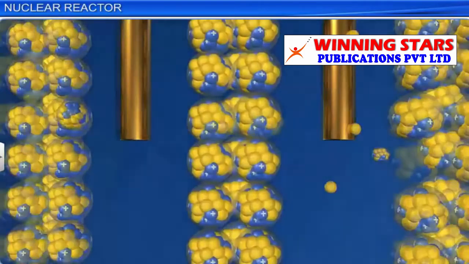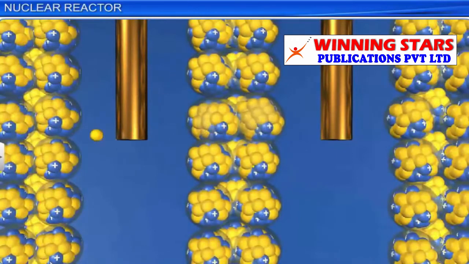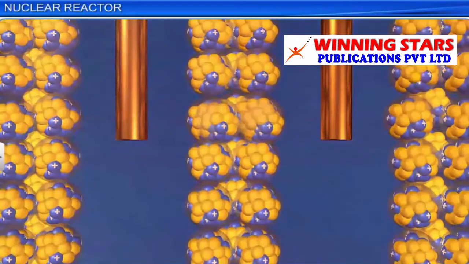The probability of absorption of fast neutrons by uranium-235 is very low, and hence it does not help in the fission of uranium-235. The fast neutrons can be slowed down, that is, converted into slow neutrons by means of elastic scattering with light nuclei to sustain the fission reaction of other uranium nuclei.